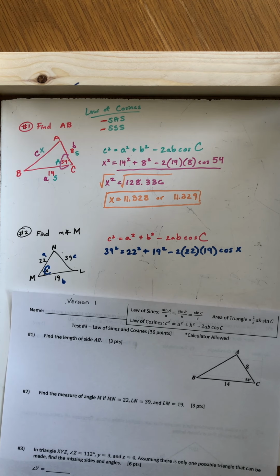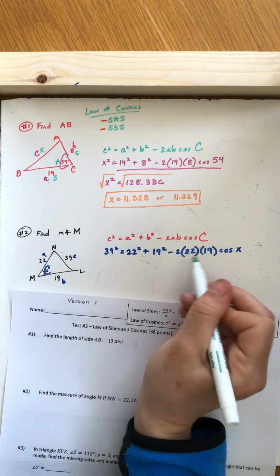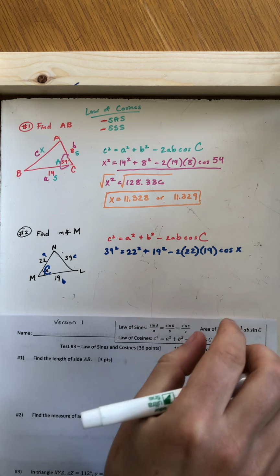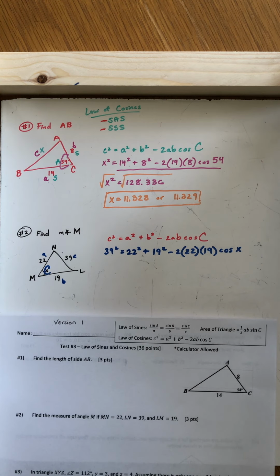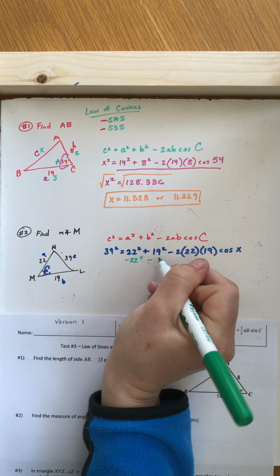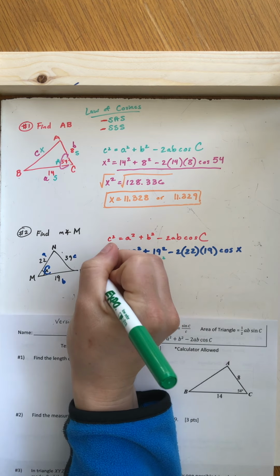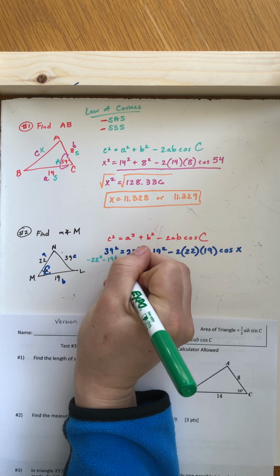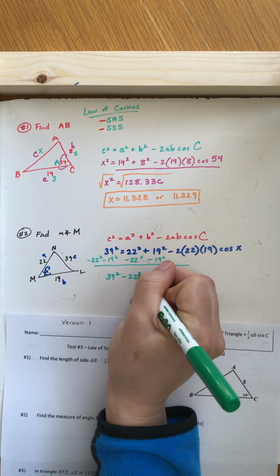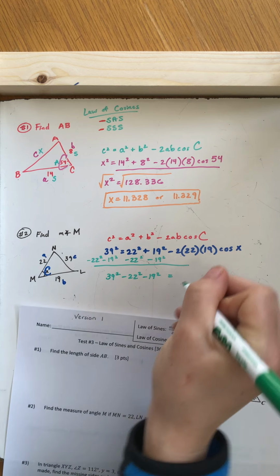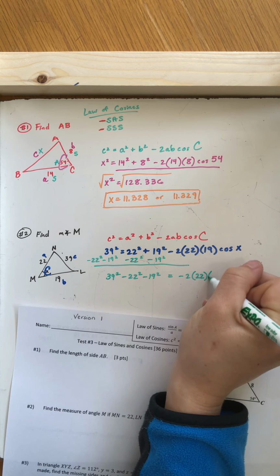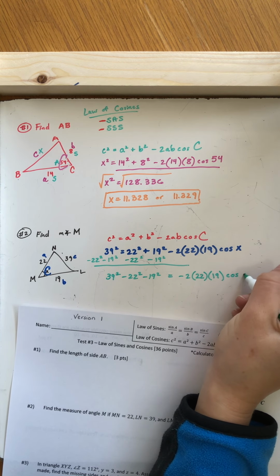Now in this case, we cannot put it all in the calculator because this has an x on this side and it's just not going to work. We need to get the x or the cosine x by itself. So you should subtract 22 squared, subtract 19 squared from both sides. So I have 39 squared minus 22 squared minus 19 squared equals negative 2 times 22 times 19 times cosine x.